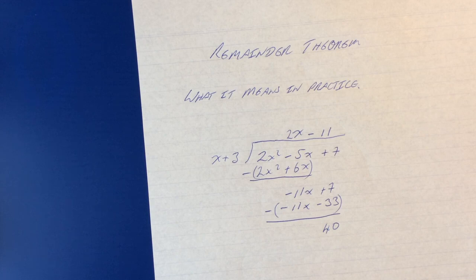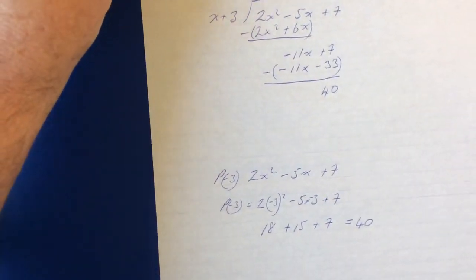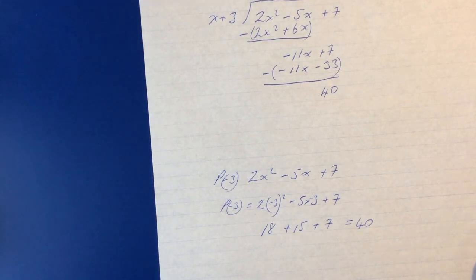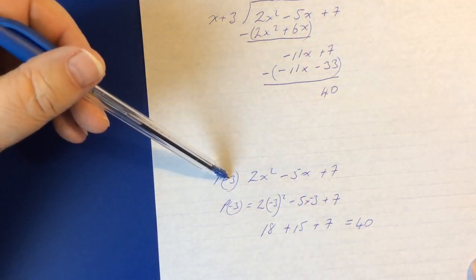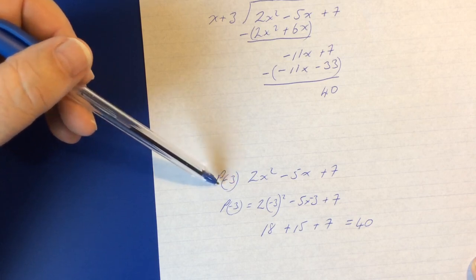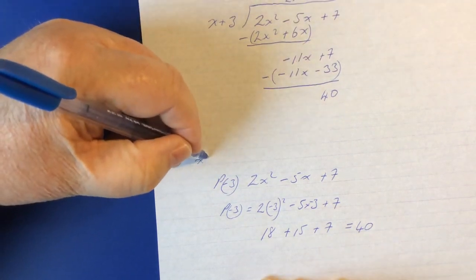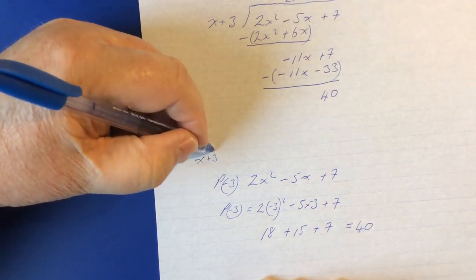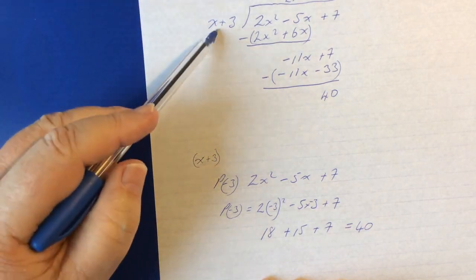Now, remainder theorem allows you a little shortcut, and here it is. If we take negative 3, so if we say that the value of x is negative 3, which means that the factor that we got it from was this, and you will note that this is the same as that.